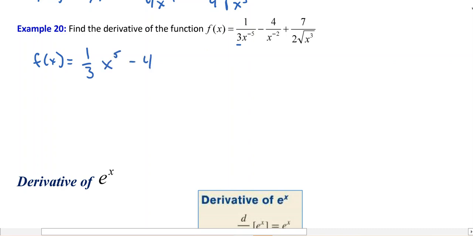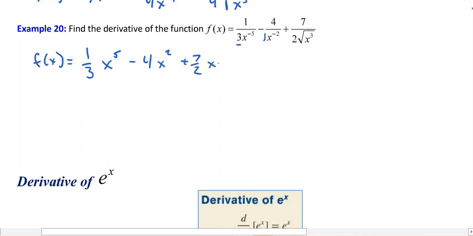And then we have x squared. And then I'm going to change this to x to the 3/2 power and bring it up to the numerator, 7 over 2, x to the negative 3/2.